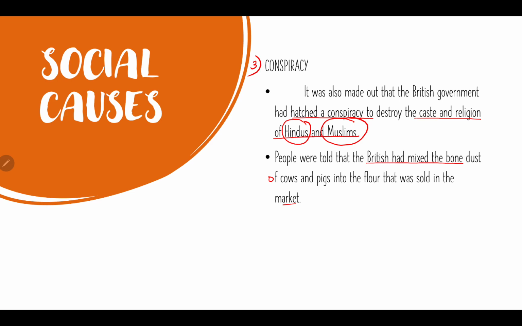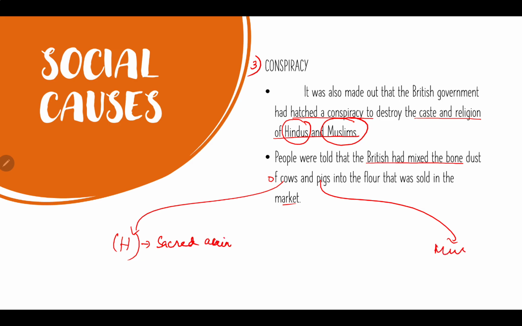It was told that the flour they used to eat while making chapatis was mixed with bone of cows as well as pigs that were sold in the market. For Hindus, the cow is a very sacred animal, an animal we worship, right? And pigs also.